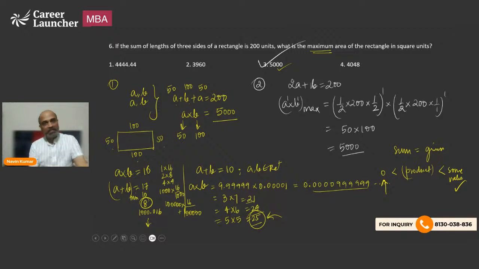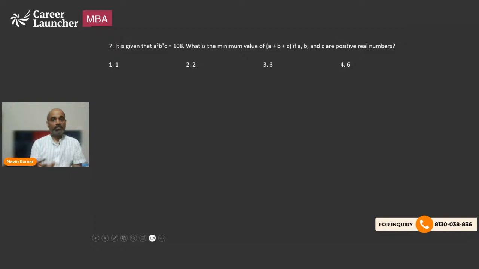So minima के लिए भी we are going to use the same logic. जो हम कर रहे हैं ना ये वाला same logic लगाएंगे. Let's say we have a question like this. It is given that a square b cube c is 108. Then what is the minimum value of a plus b plus c if a, b, c are positive real numbers? Like in the previous question, there are going to be two approaches. First, brute force.